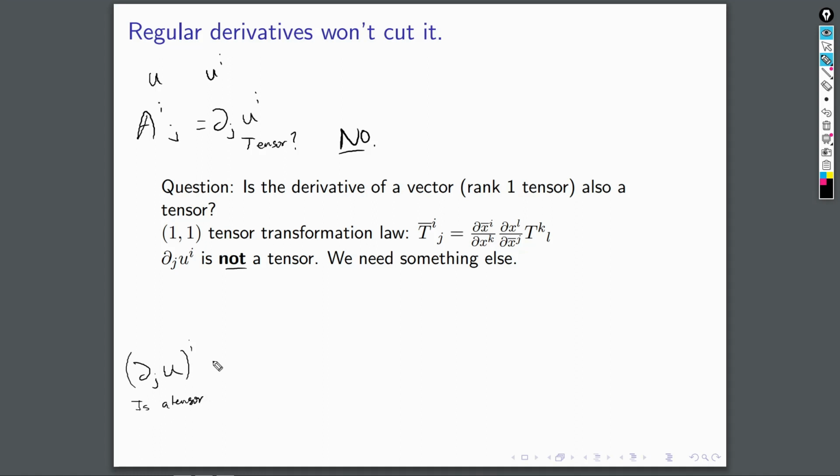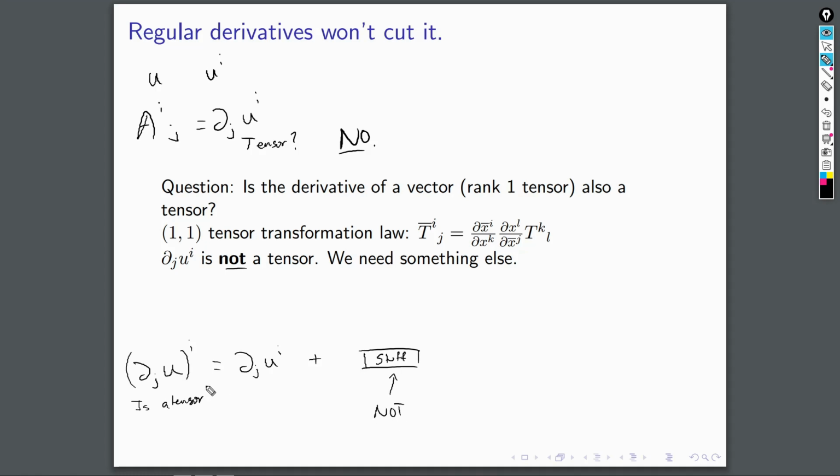But what you'll get here is the jth derivative of the ith coordinate, plus some other stuff. And we can show that this is definitely not a tensor.